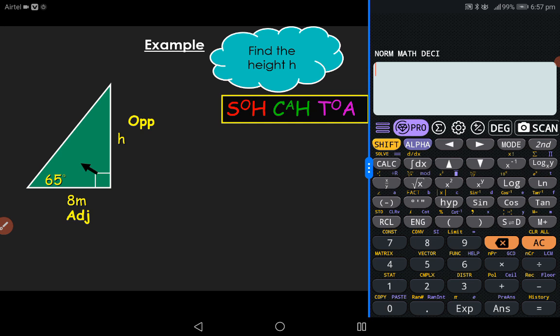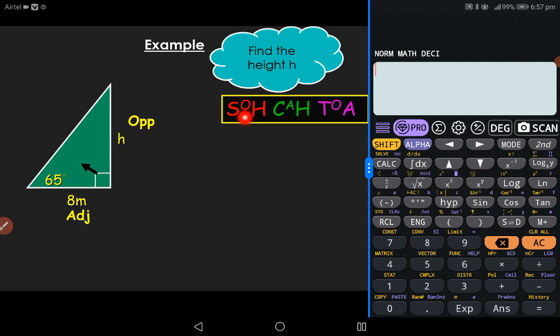All right, let me get you to a very popular expression or concept known as SOHCAHTOA. Maybe you have heard this before. It's an acronym which people just made up in mathematics to help simplify problems involving triangles, trigonometry.